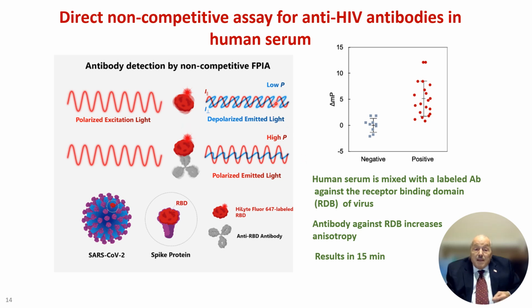So what do we mean by a direct non-competitive immunoassay? We have one here. It's directed against HIV antibodies in human serum. If you get HIV yourself, your body will make antibodies, and many of the antibodies that it makes are against the spike protein on the COVID virus.